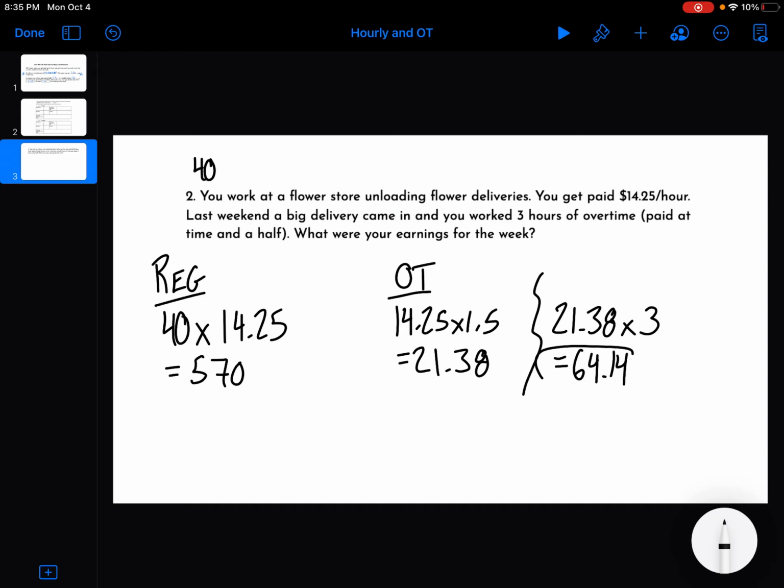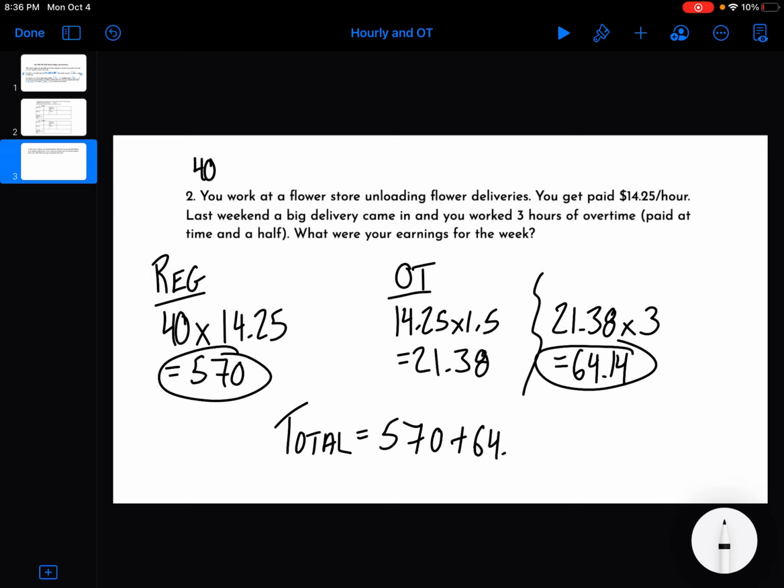So now I just need to add this and this together. Our total is going to be 570 plus 64.14, which is going to be equal to $634.14. And that's how you do overtime pay.